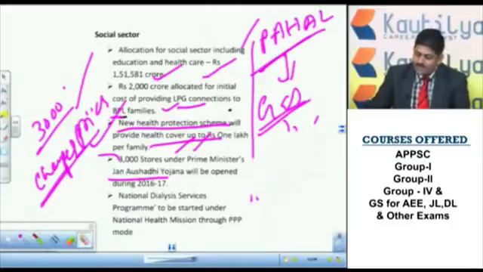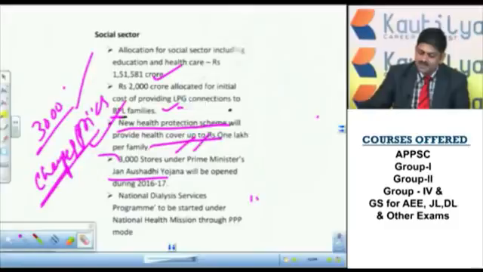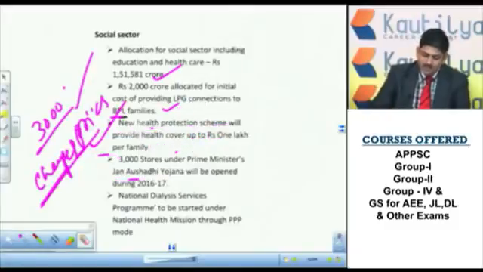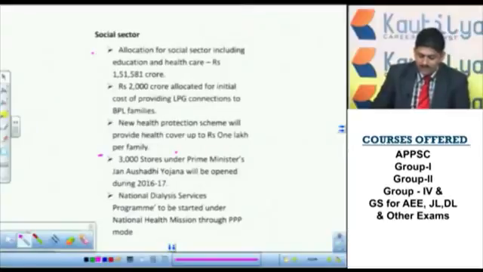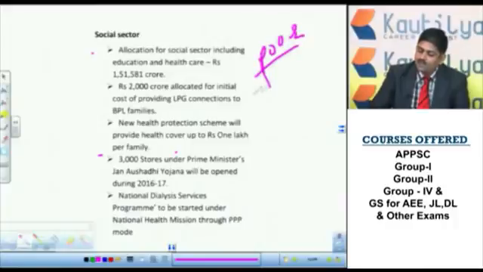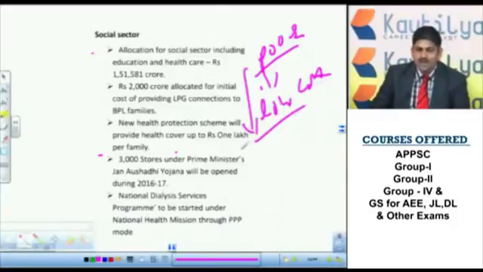And another one is the National Dialysis Services, another innovative scheme. What will they do in the National Dialysis Service program? For poor people, they will do dialysis at a very low cost. Under this, many operators are required. So for that, they are doing this through PPP mode.